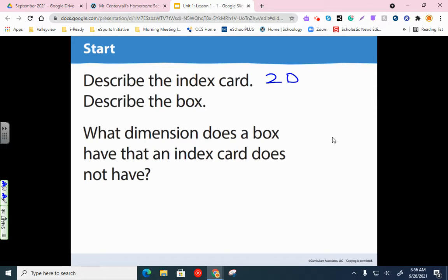That means it's going to be flat, so it's only going to have two measurements, length and width. A box is going to be three dimensional. That's going to be length and width and height. Again, 2D is length and width. There's no height to it, it's flat. And then a box is something that can actually hold something, has the three dimensions. So that's the main thing to understand today from the warm up: there's a difference between the two.